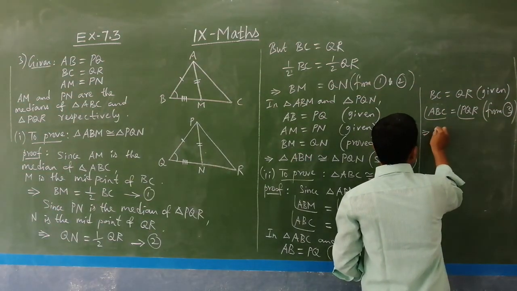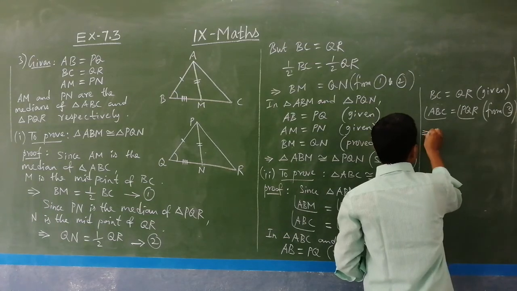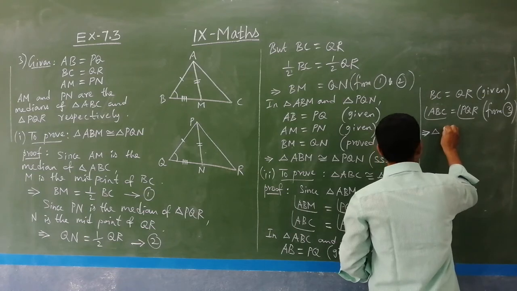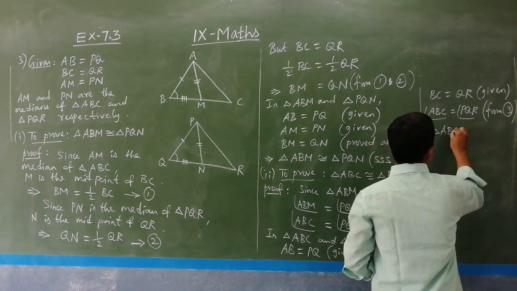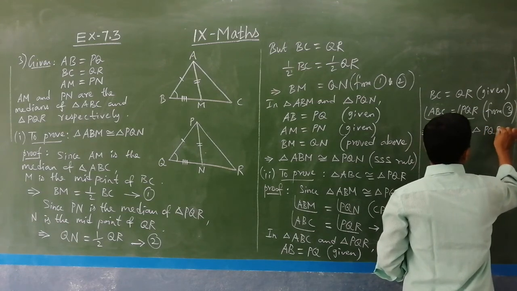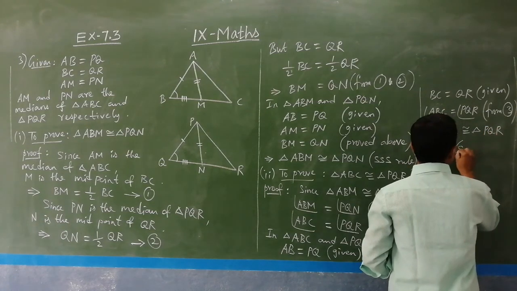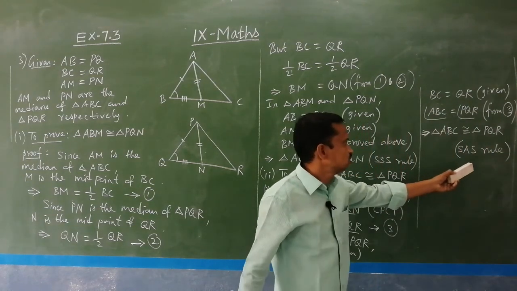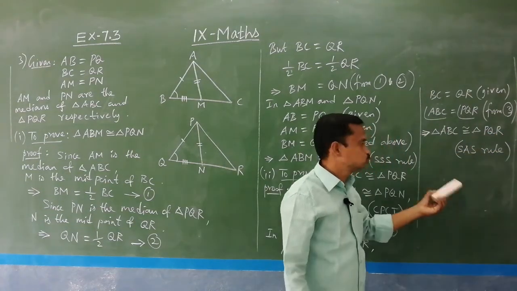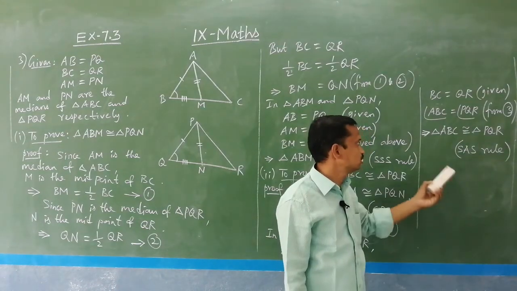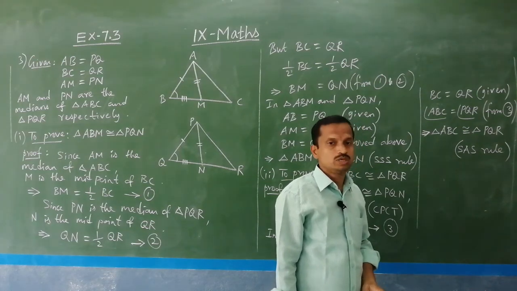This implies triangle ABC is congruent to triangle PQR. The reason, by SAS rule, you write on the right side, but there is no space there, so I am writing below that. By SAS rule we can say triangle ABC is congruent to triangle PQR.